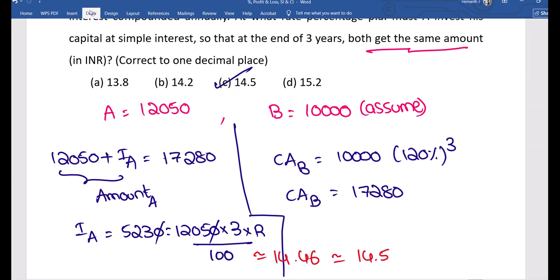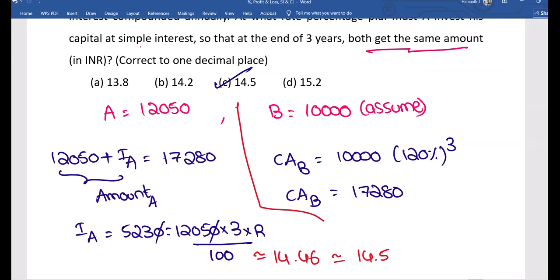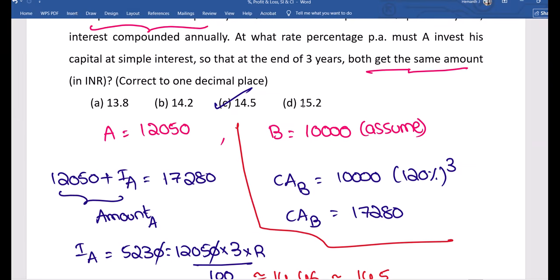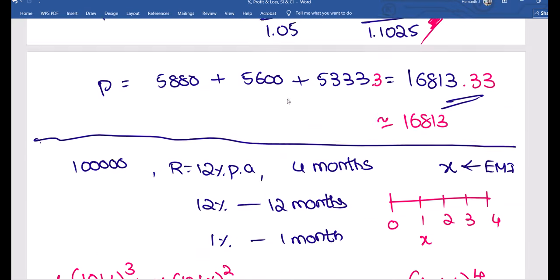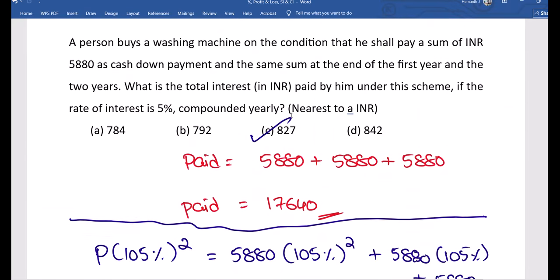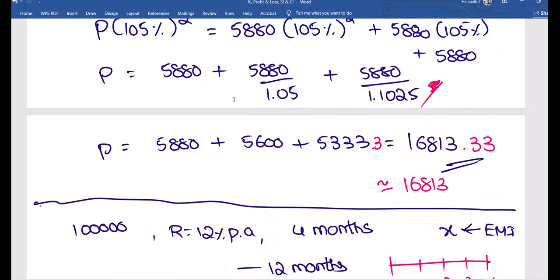Simple interest and compound interest, both are combined in one question. Any doubt in this one, please? Out of all the discussion, this EMI question is a good one, where every year you are paying the same amount.